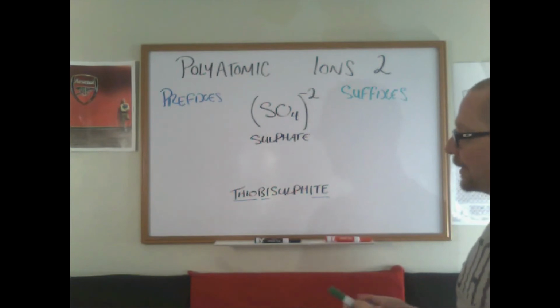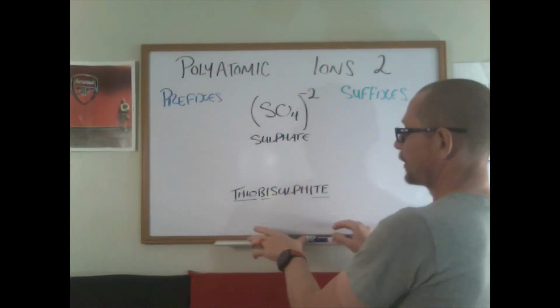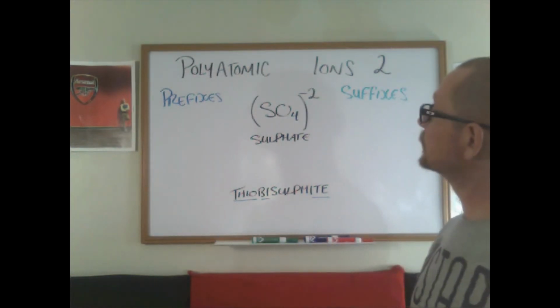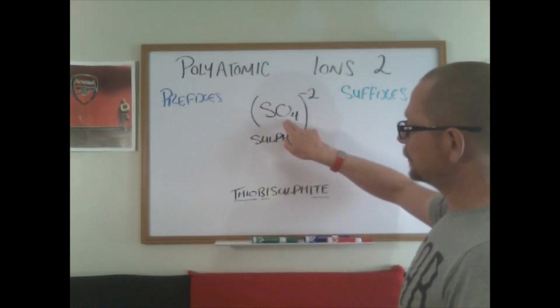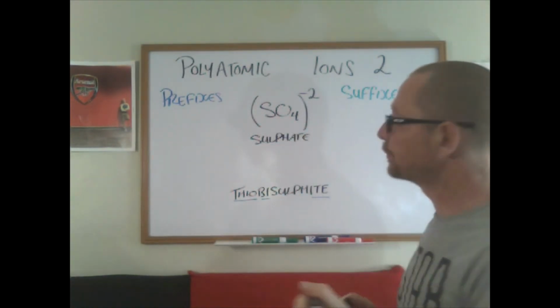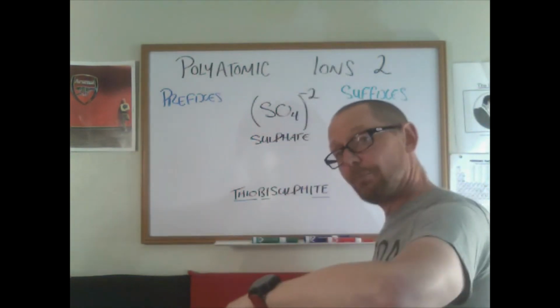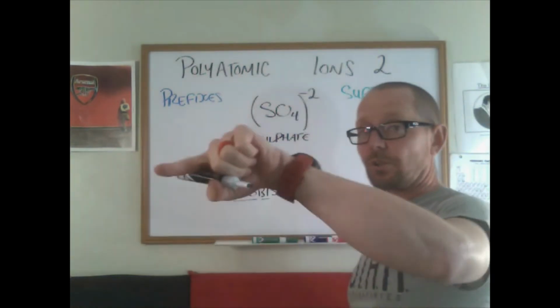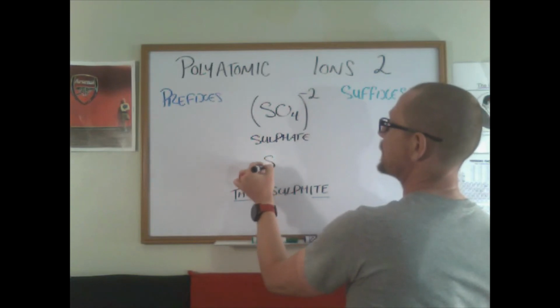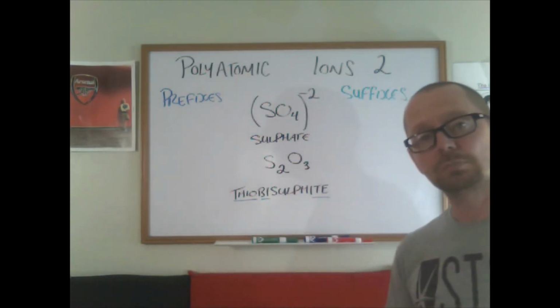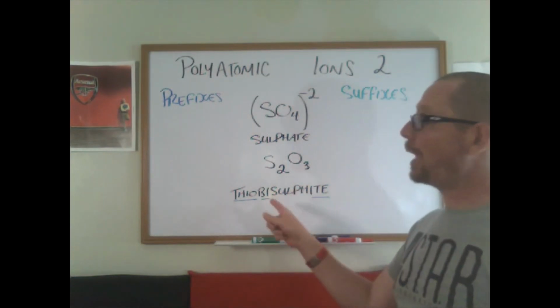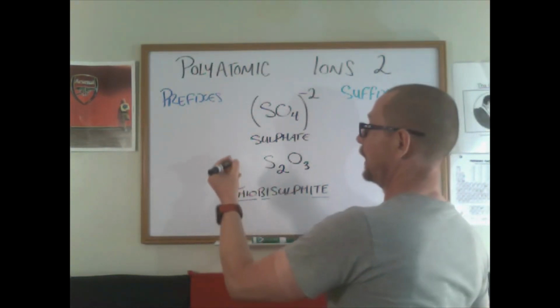Okay? So, thio. Well, that means I've traded an oxygen for a sulfur. So oxygen goes down by 1, sulfur goes up by 1. So now I'm at S2O3. Okay? Bi means I have a hydrogen ion.